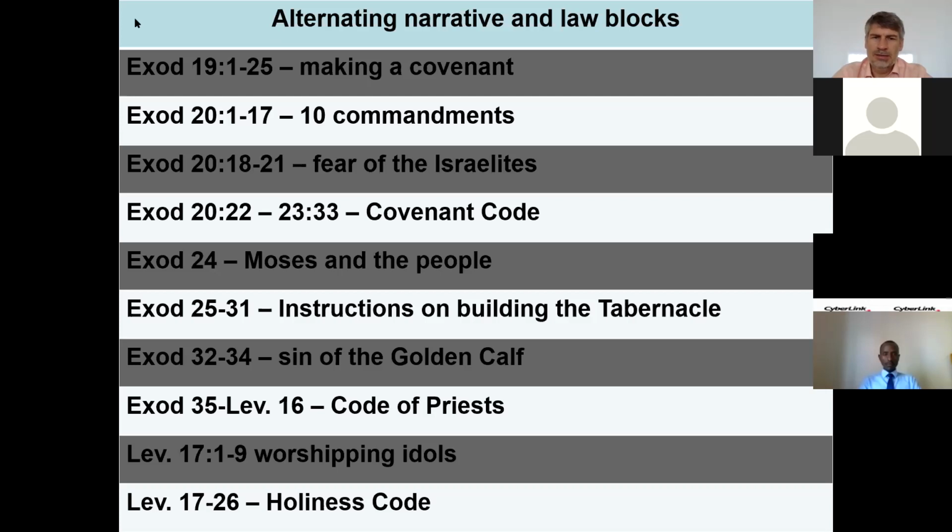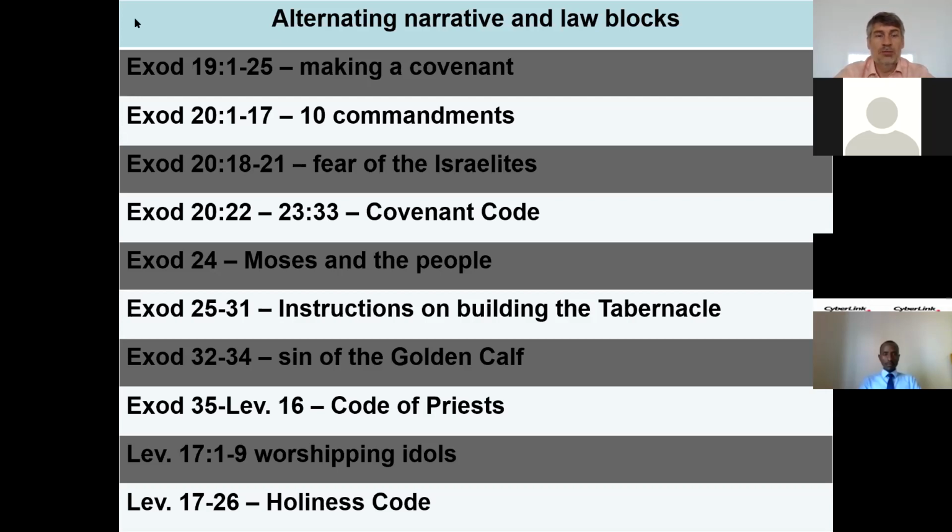So do you see, God gives a law when this law is needed. And that is why we do not have all the laws in one place, and the laws are scattered or spread around the narrative text of the books of Exodus, Leviticus, and Deuteronomy.